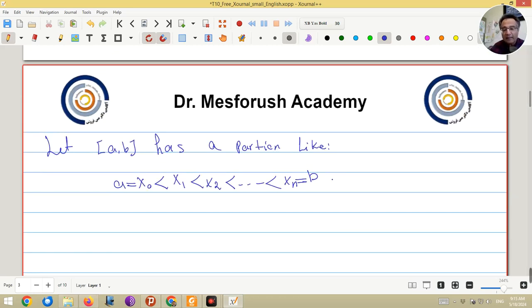Let h be the difference between x_i and x_i minus 1, and also let the distance between each two neighboring x_i's be equal. So just let me mention here that the x_i's are equidistant.